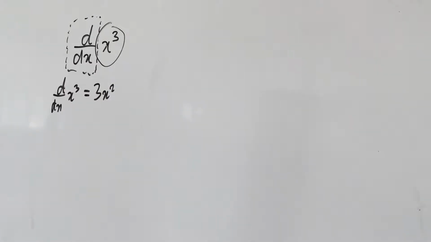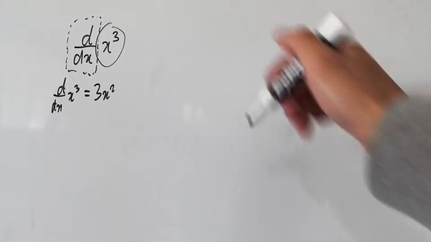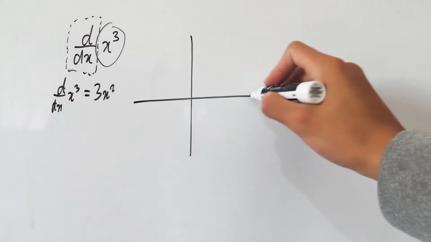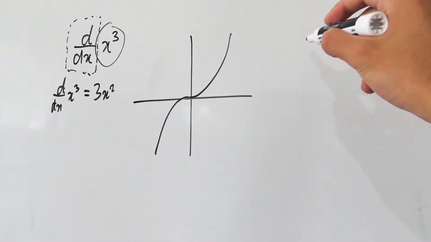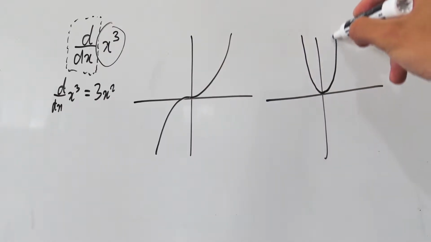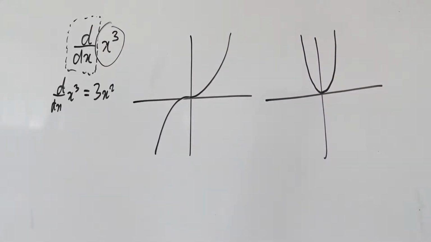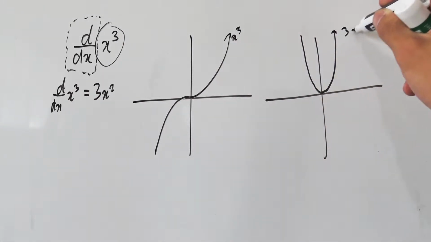So now to convince you that the derivative of x cubed is really 3x squared, let's draw up two graphs. So we have a graph of x cubed, which is just a cubic, like so, and then we have 3x squared, which is just a skinny version of a parabola. Alright, so let's analyze the gradient of our x cubed here, and I should probably write down the functions x cubed and 3x squared.